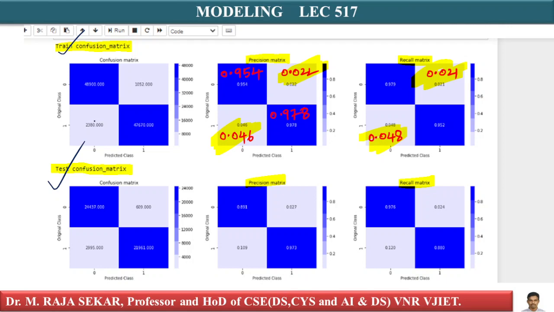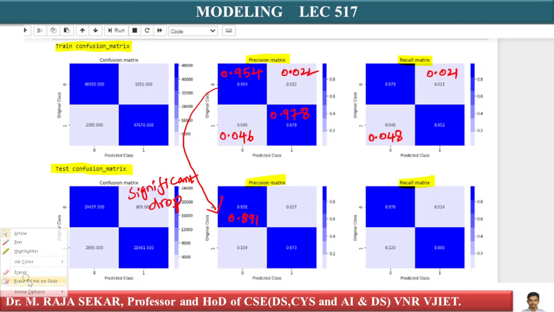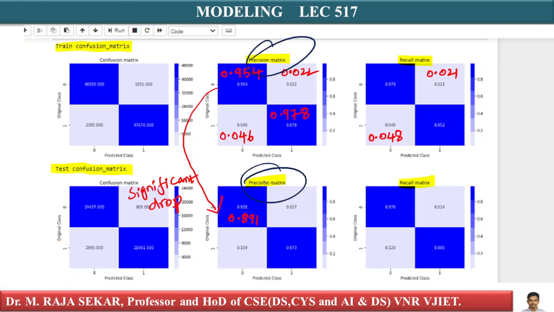There is a significant drop here: this is 0.954, and here you have 0.891. This matrix is the precision matrix, and this is also a precision matrix; of course, this is the precision matrix for training and this one is for testing.